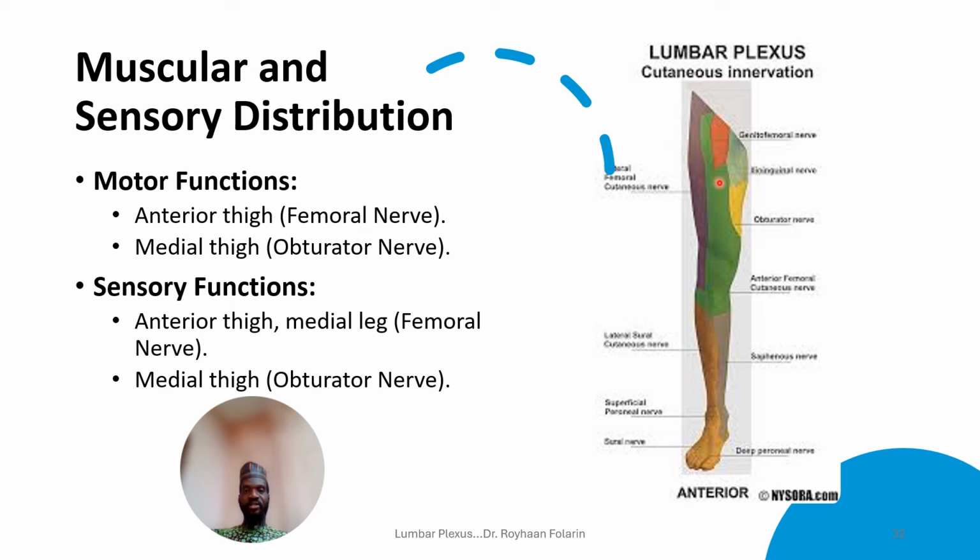Other branches like the iliohypogastric, ilioinguinal, and genitofemoral have more localized and less significant motor and sensory roles, often associated with the lower abdominal wall, the groin, and the external genitalia, rather than the thigh. So that's why the major emphasis is on these.